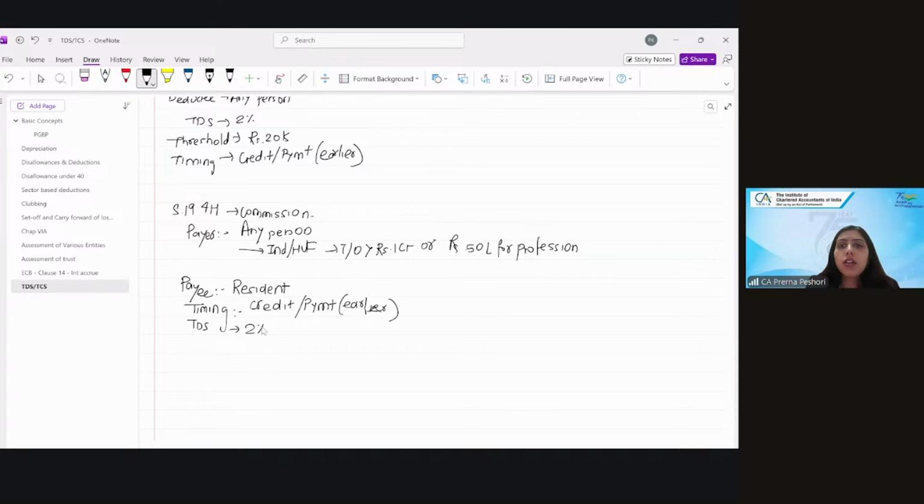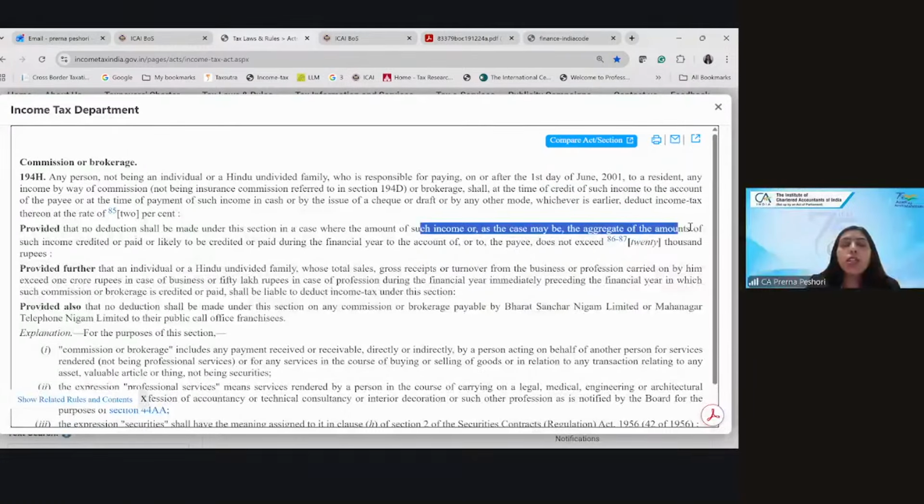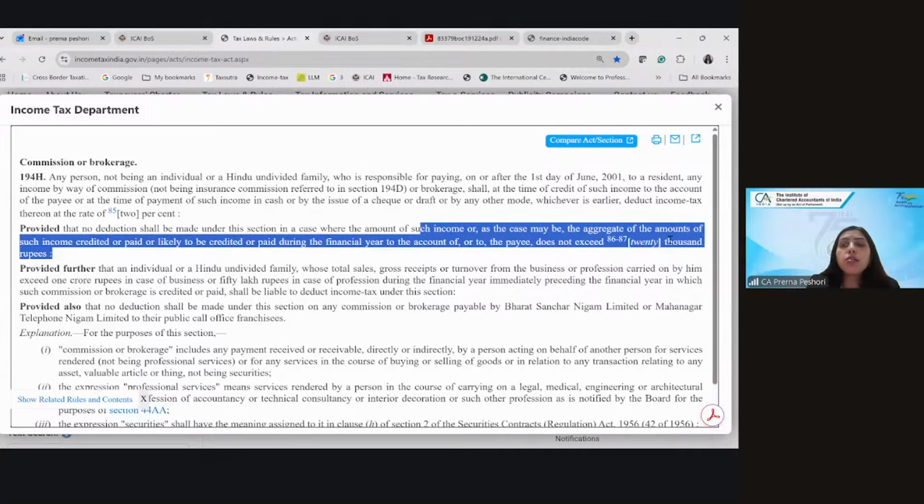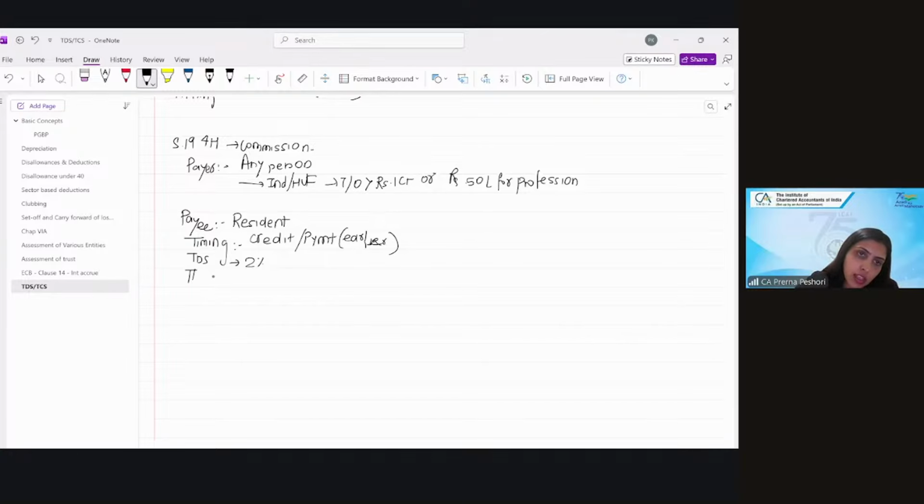What is the threshold? Threshold is, no TDS will be there if the amount does not exceed rupees 20,000. So my threshold here is 20,000.